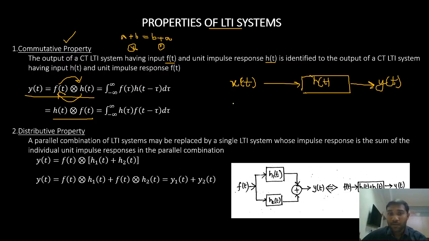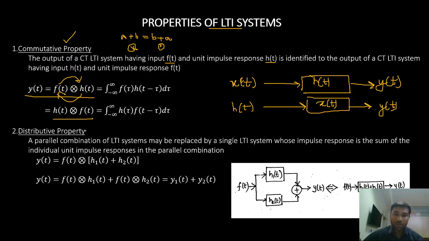Then I can give input h of t to a system with impulse response x of t, and this also produces the same y of t. That is what the commutative property states.